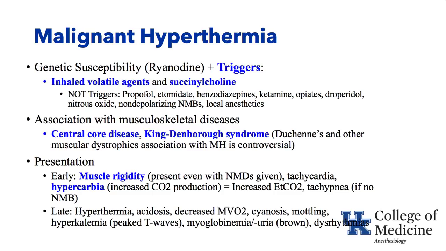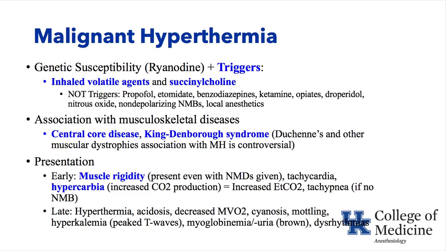Presentation of malignant hyperthermia: when there's lots of calcium inside the muscle and the sarcoplasmic reticulum is spewing calcium out, there is muscle rigidity, troponin and tropomyosin cross over each other, and the muscles are rigid, even if the patient is, quote, paralyzed with rocuronium.